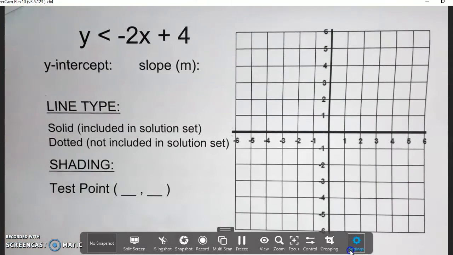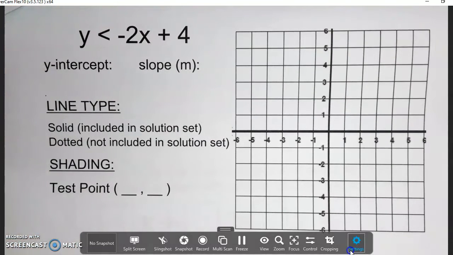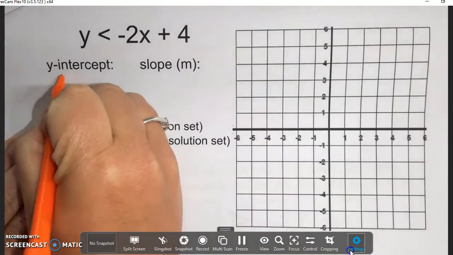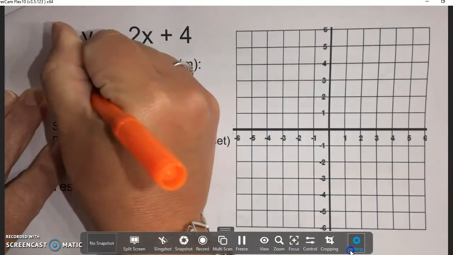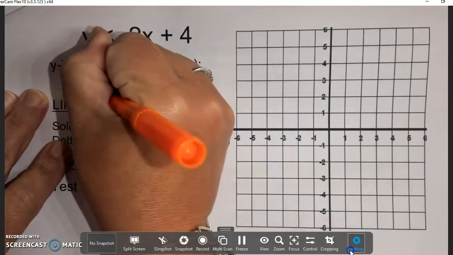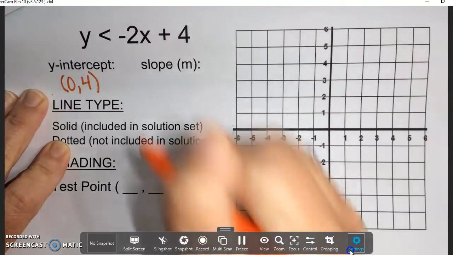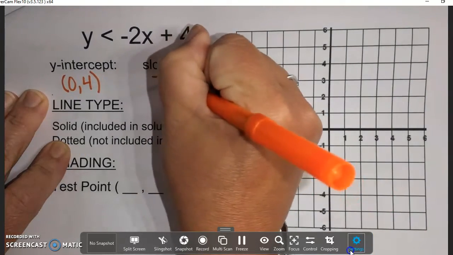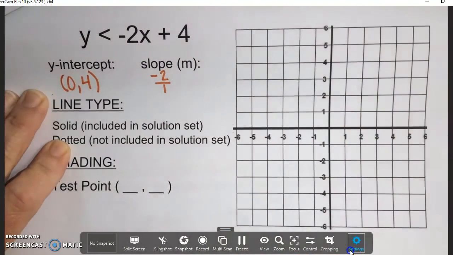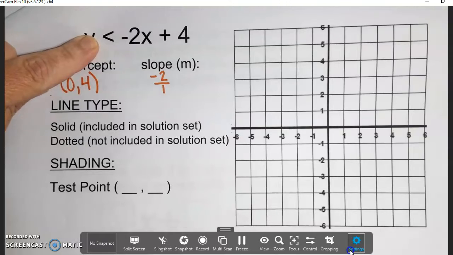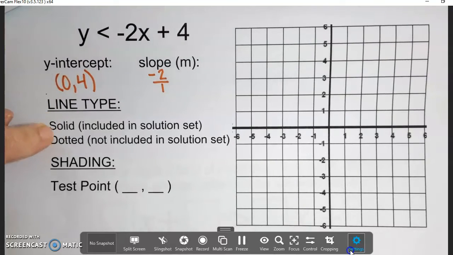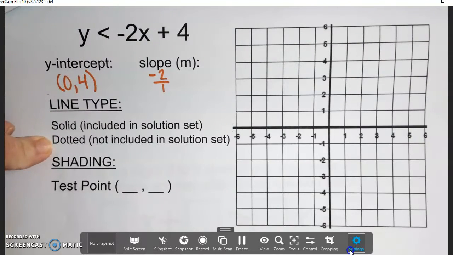So let's look at this problem. What is our y-intercept? Well, that's easy. It's 0, 4. What is our slope? Negative 2 over 1. Look at our inequality sign. Is it solid? Does this mean our line's going to be solid or dotted?